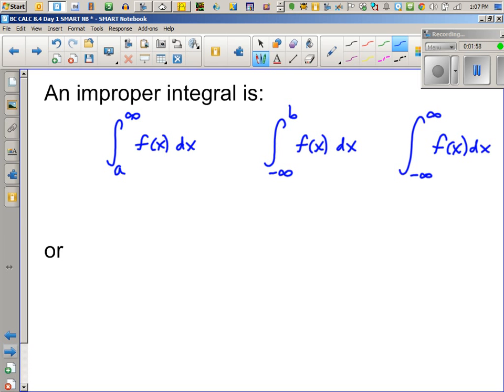So improper integral, I'm not sure it's the best name, but it really just means that we have an infinity somewhere in the limits of an equation, or a negative infinity. Those are improper.